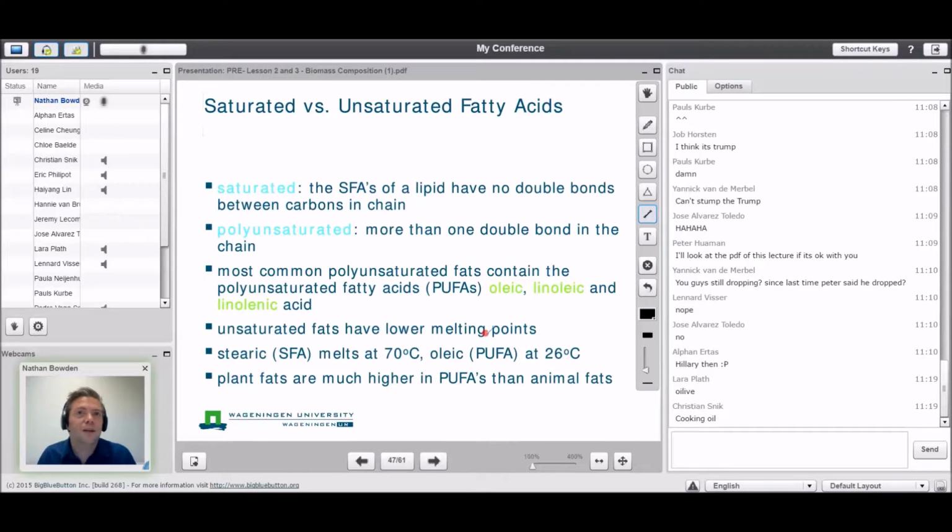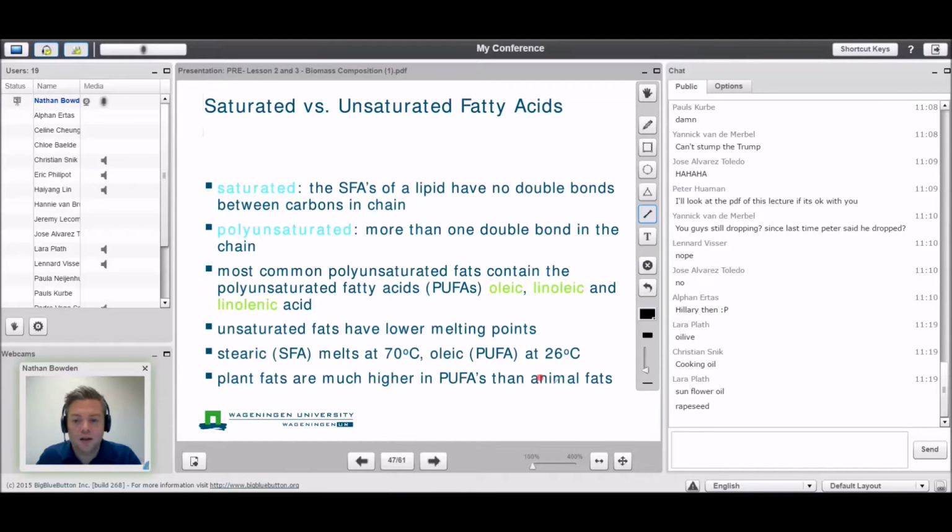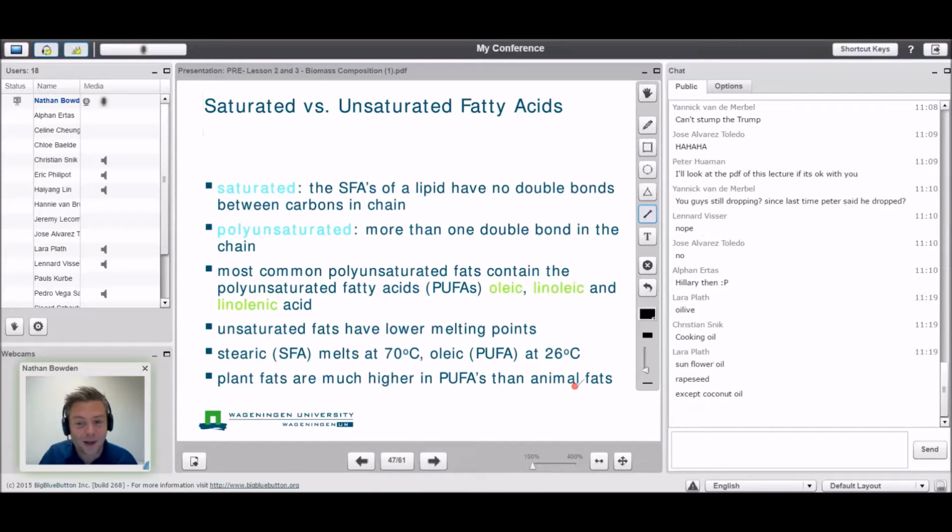That's why we say plant fats have a much higher PUFA content: rapeseed, sunflower oil, exactly. All correct. And what do they all have in common? They're all plants. Well, that's true. Most, not all, some of them it's still lower, let's say.